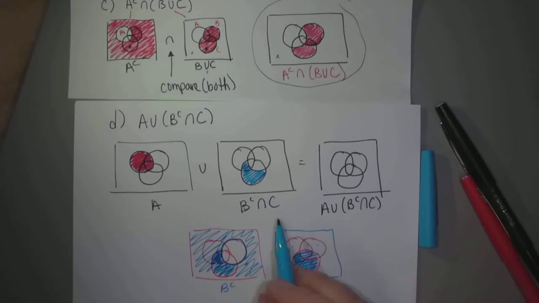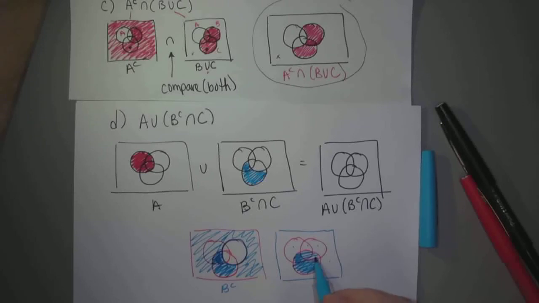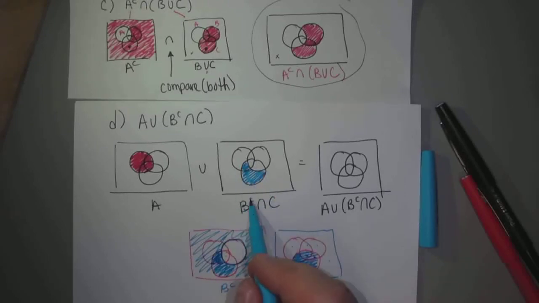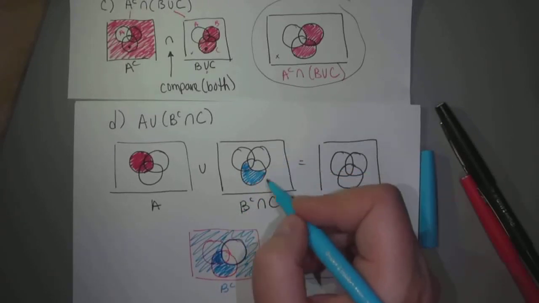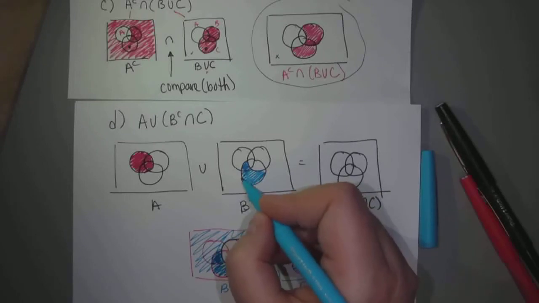They're not colored here, so they wouldn't be. They're not colored on the outside, so the outside isn't colored. These two are colored in this diagram, but they're not colored here. So that would be B complement, so anything outside of B, but is in C.